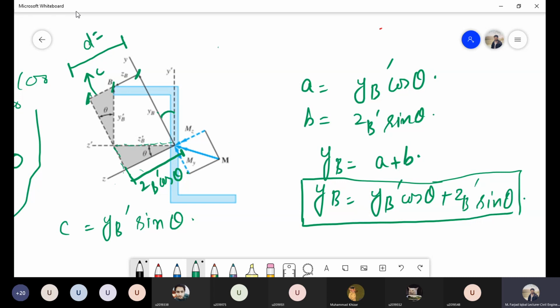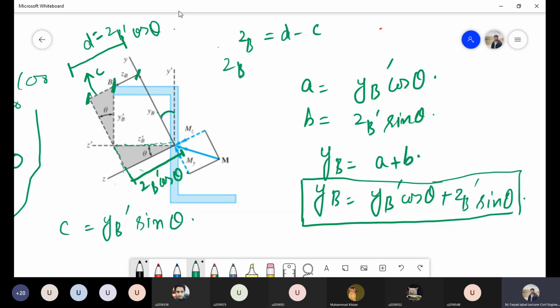So I can say that this distance is zb dash cos of theta. Now can I say that zb, which is this particular length shown over here, is equal to d minus c. d is the total length and c is this component.